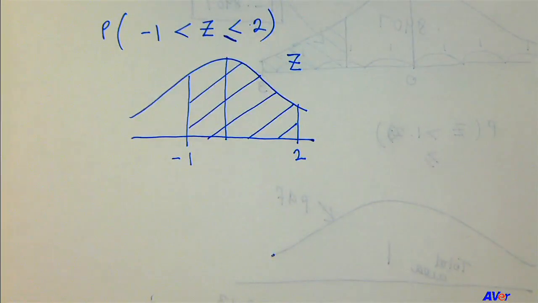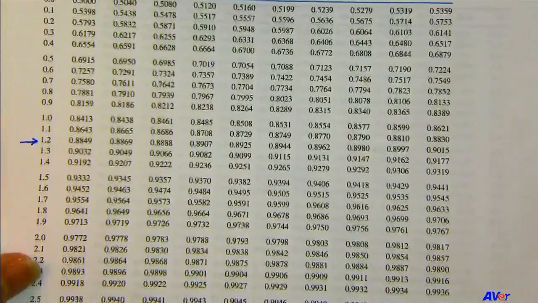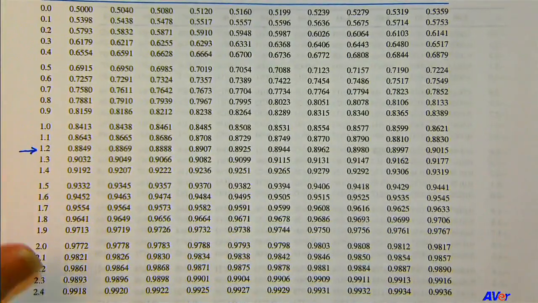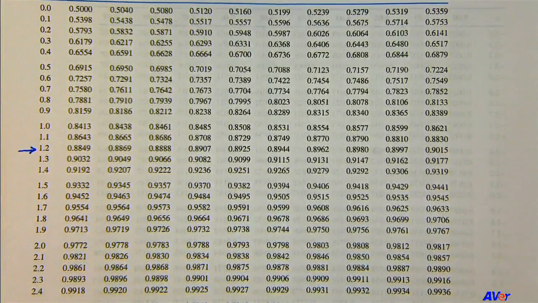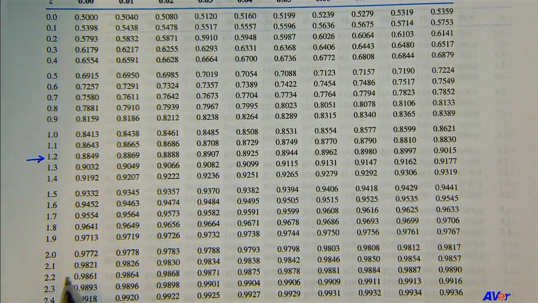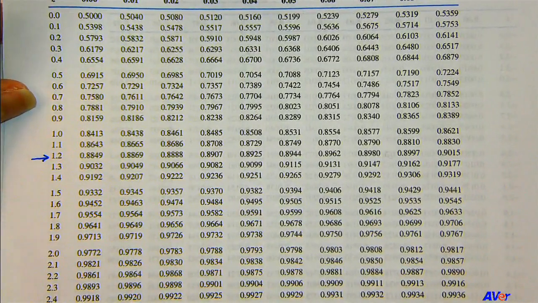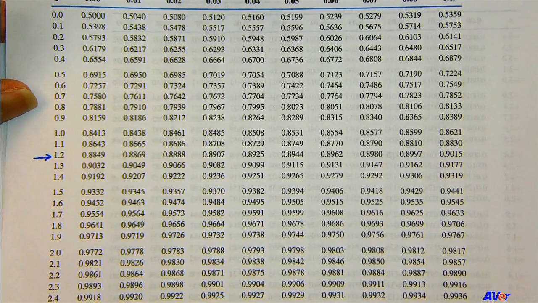So if you don't have your table, here's the table. Phi of 2, that's right here, 0.9772. We talked about that number last time, right? We were expecting the 97.5 percentile, right, at 2 standard deviations to the right of the mean.